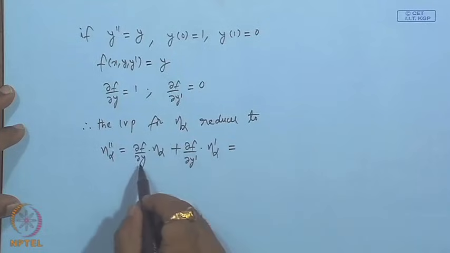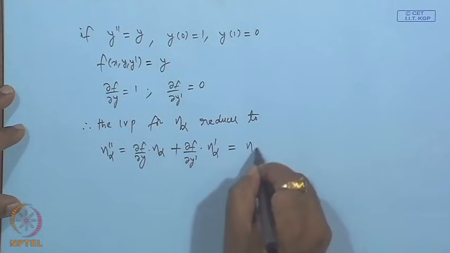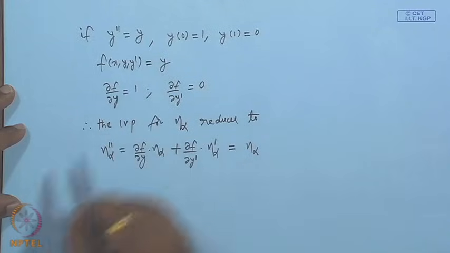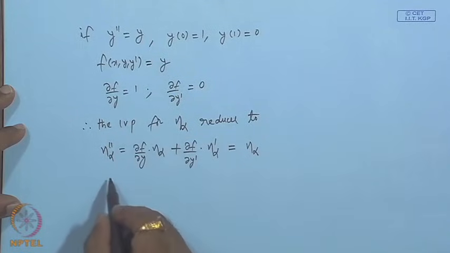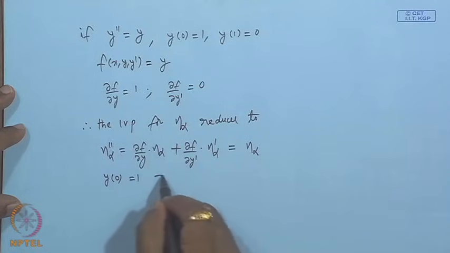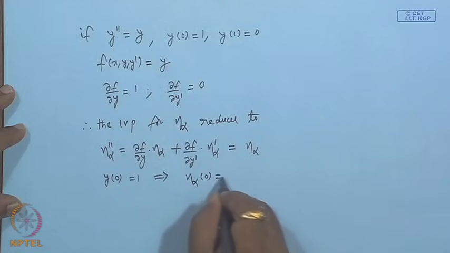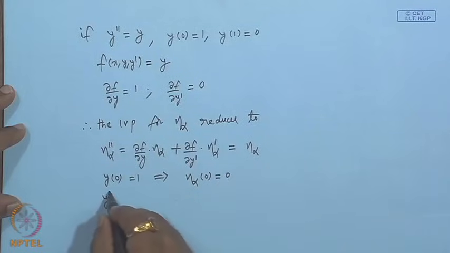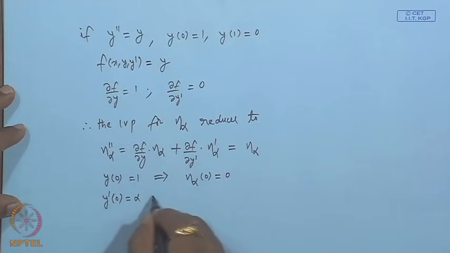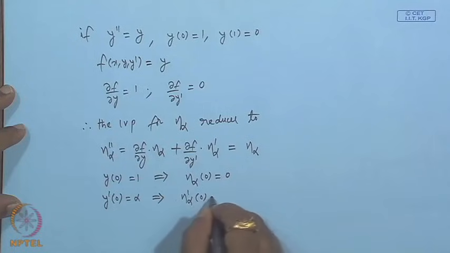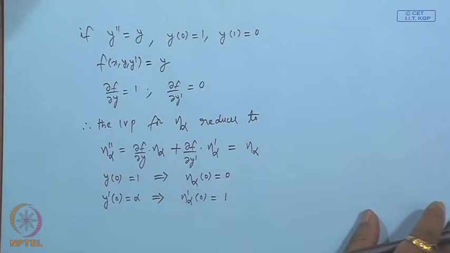So, this reduces to dou f by dou y is 1 and dou f by dou y dash is 0, and boundary conditions. So, we have to find eta alpha of 0, which is 0, and y dash of 0 is alpha, which implies eta alpha dash of 0 is 1.